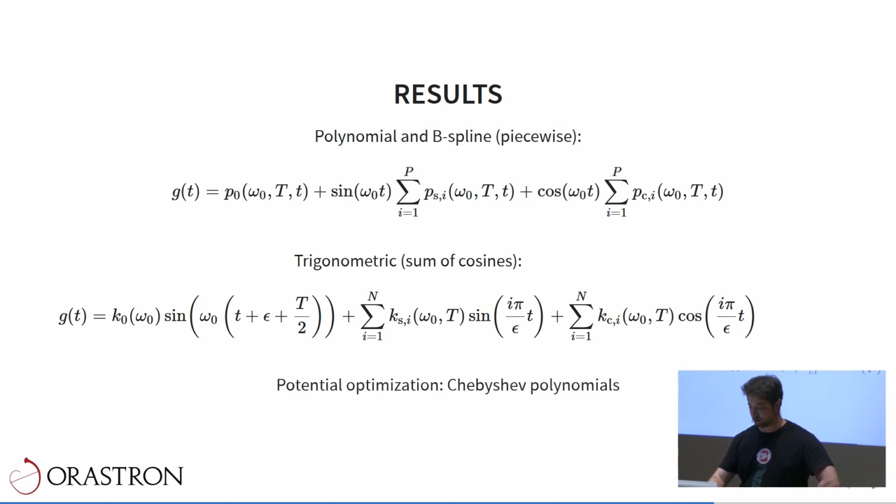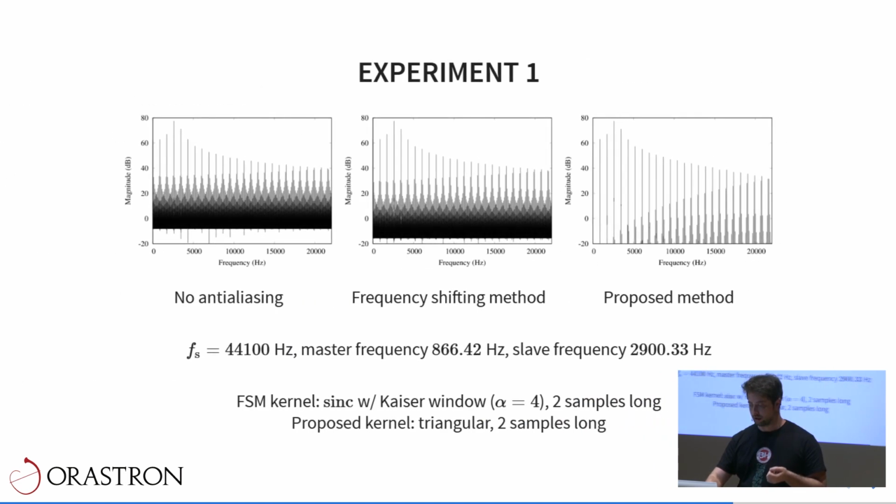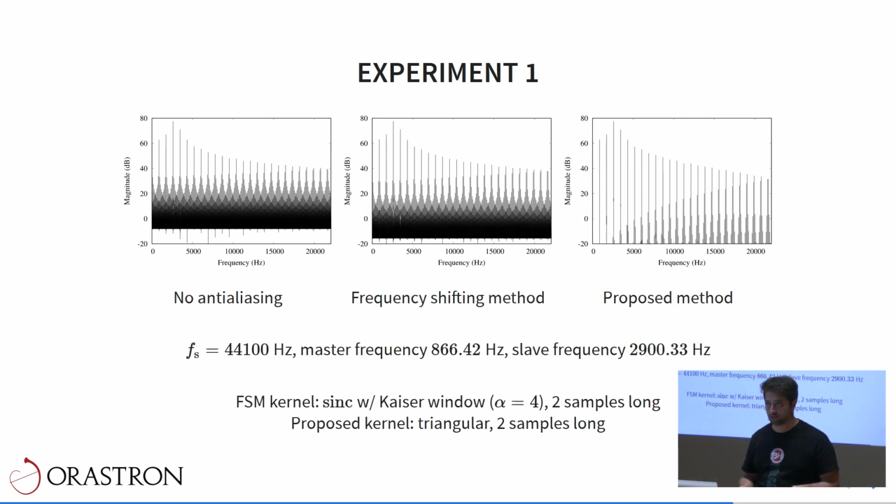But of course, since these sinusoids and cosines are multiple, with frequencies at integer multiples, they can also potentially be obtained by Chebyshev polynomials.